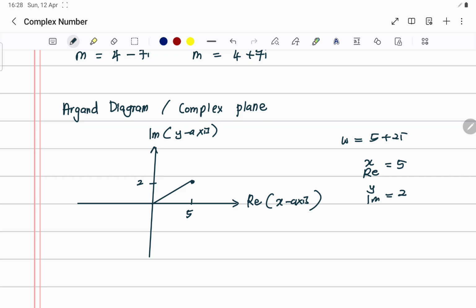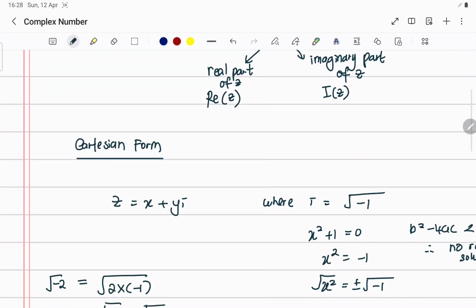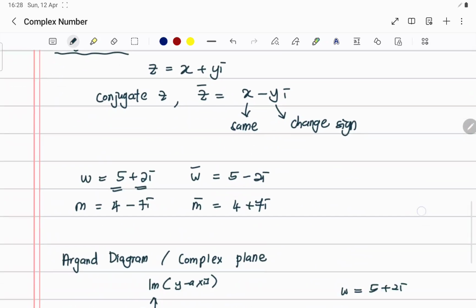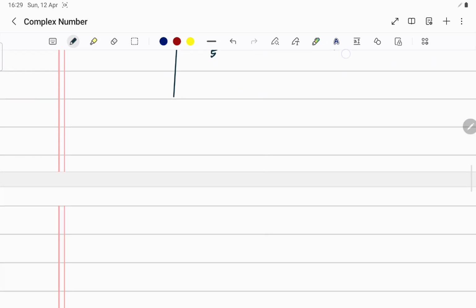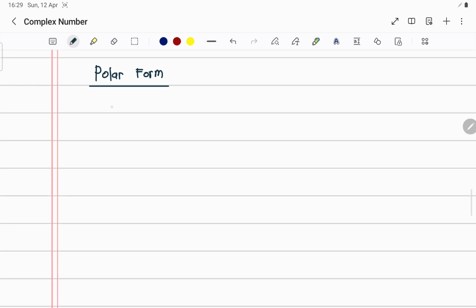Okay, now we proceed to the next one. For complex numbers, we have the Cartesian form, right? We also have another form which we call the polar form. For polar form, let's say our Cartesian form is z equal to x plus yi.